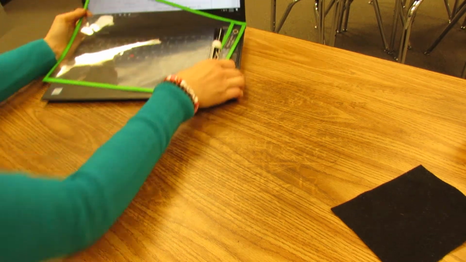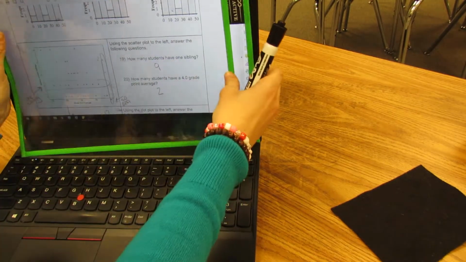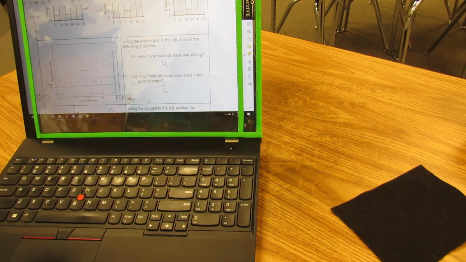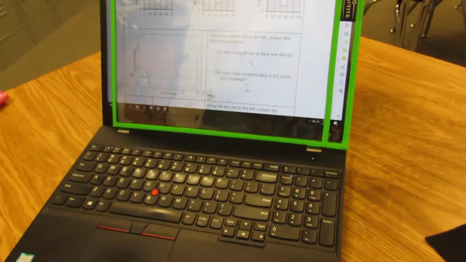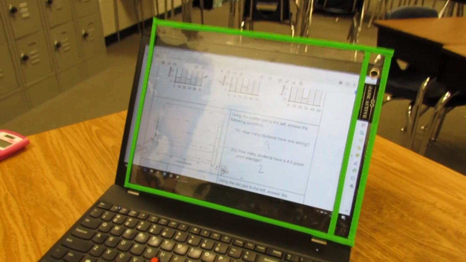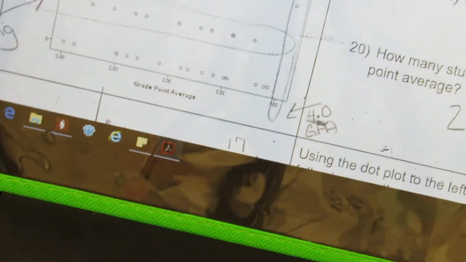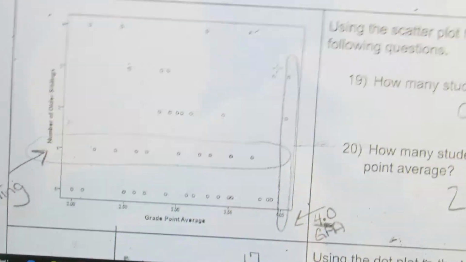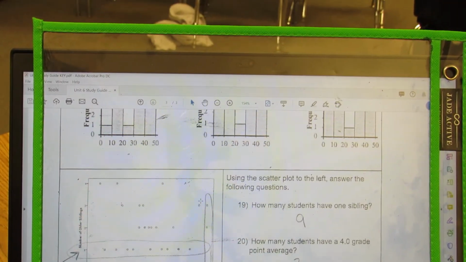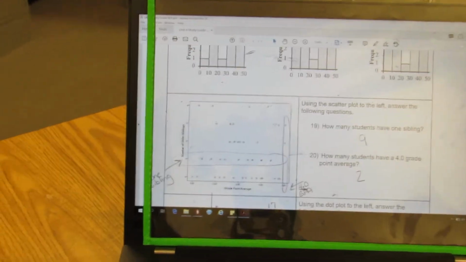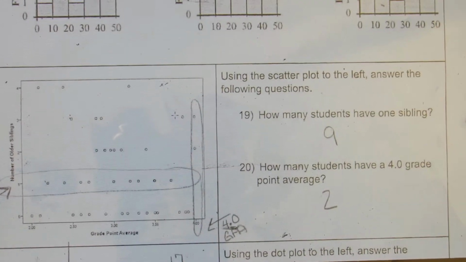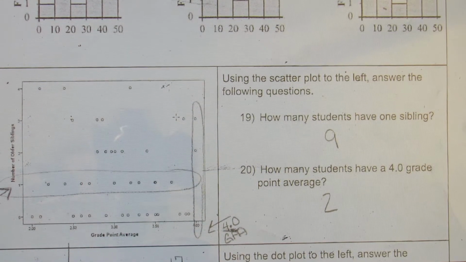Oh, technical difficulties, bear with me. All right, so let's look. So number 19 says, using the scatter plot to the left, answer the following questions.